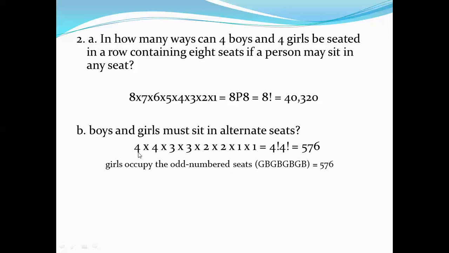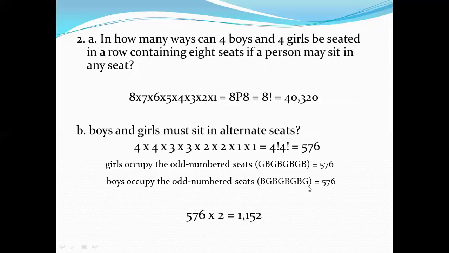Okay? Sorry, 1, 3, 5, and 7. Okay. And then yung mga even number seats will be seated by the boys. So you have 576. Pero hindi po ito yung final answer kasi sa seating arrangement natin, pwedeng ang mag-occupy ng odd numbered would be the boys. Okay, so ang final answer natin would be, okay, we multiply that by 2. So you have 1,152.